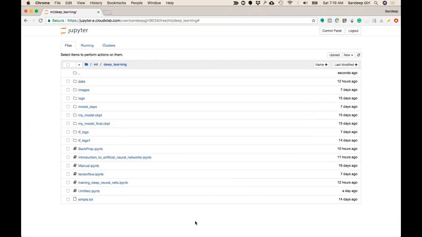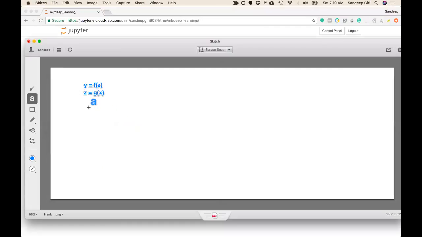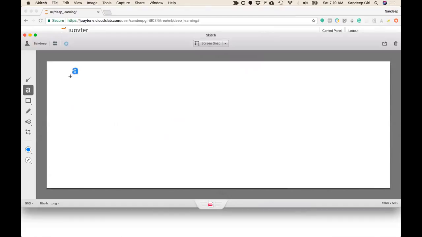Wonderful. So where were we? We were on the sketch. The question was, if we have y equals sin x, how do we compute dy by dx?